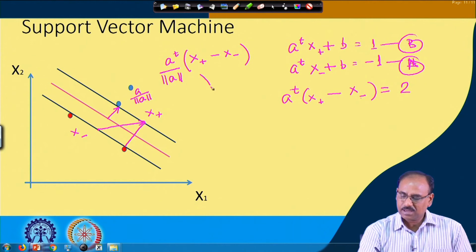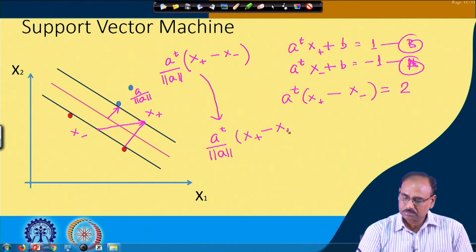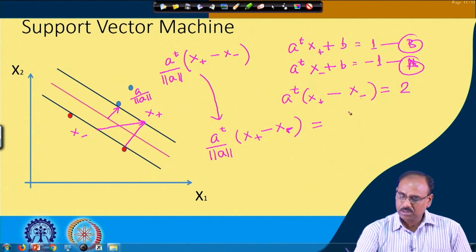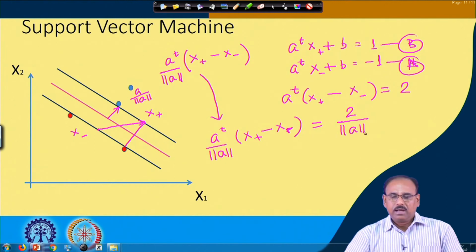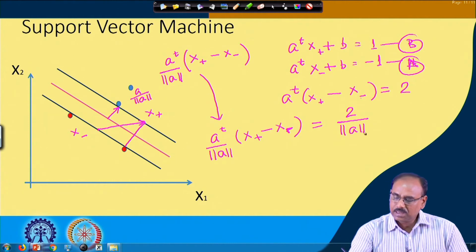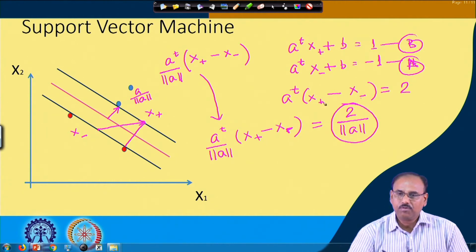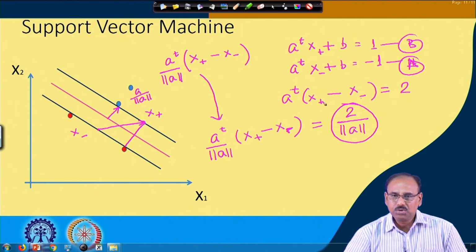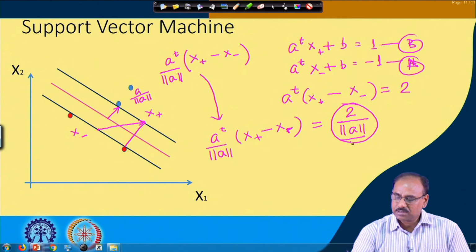So, by using this, you find that the margin, A transpose upon mod A into x plus minus x minus, is given by 2 upon mod of A. So, as we said earlier that I aim to choose that particular separating plane which maximizes the margin, and the margin comes out to be 2 upon mod of A. So, I should choose that particular A which maximizes this.